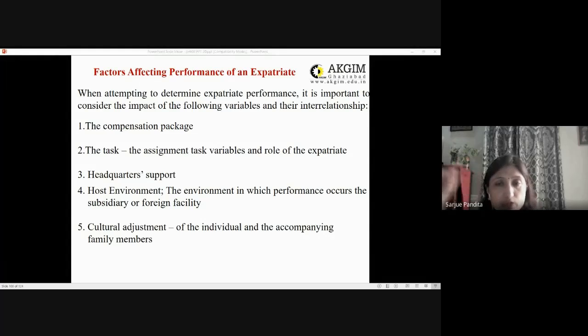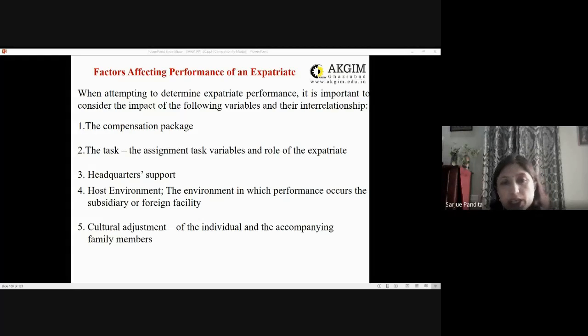The process of adjustment to the foreign location typically produces a range of emotional and psychological reactions. So if the employee is supported by headquarters, he definitely gets confidence in his performance. Then we have the host environment.